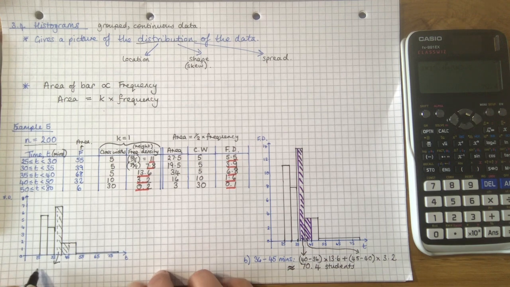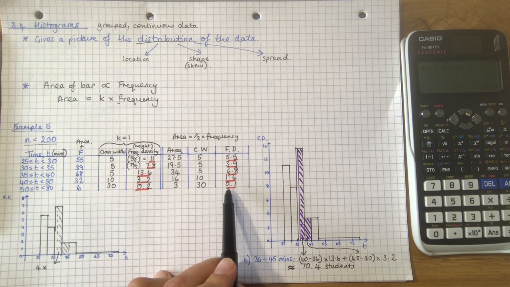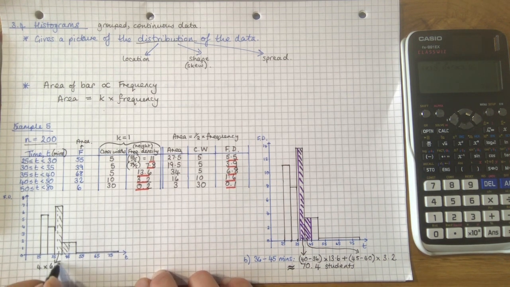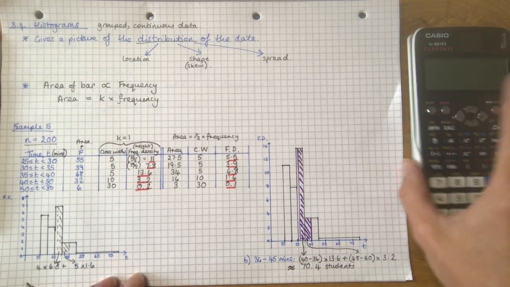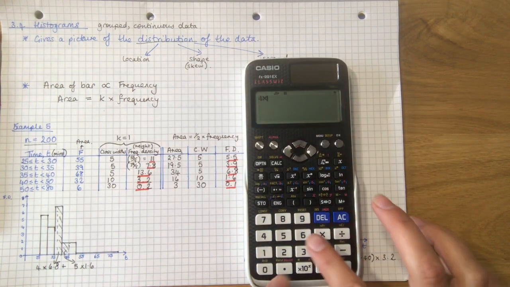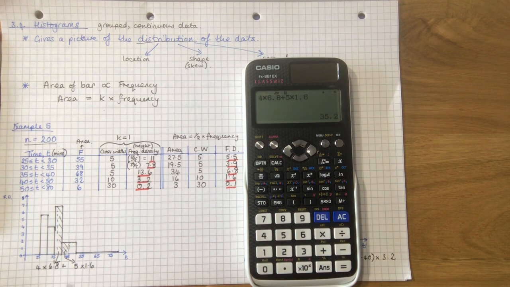This one would be 4 times by, where were we? 6.8. This one would be 5 times by 1.6. This is going to come out half of 70.4, you'll see, and if you're astute, you'll have guessed that already. So that's coming out as 35.2.